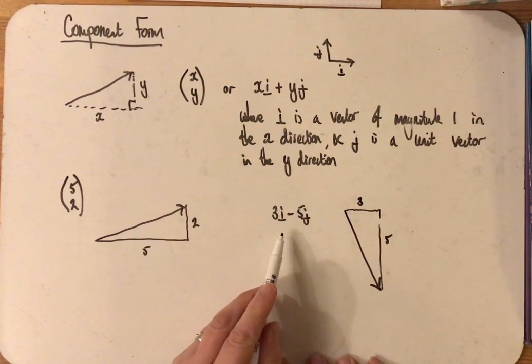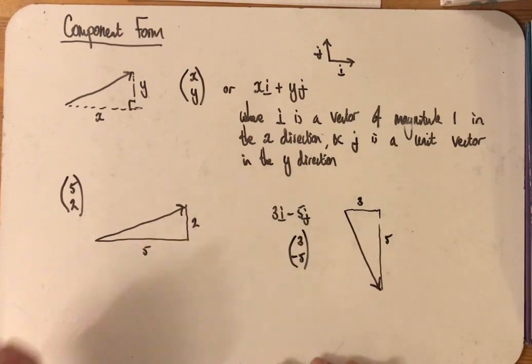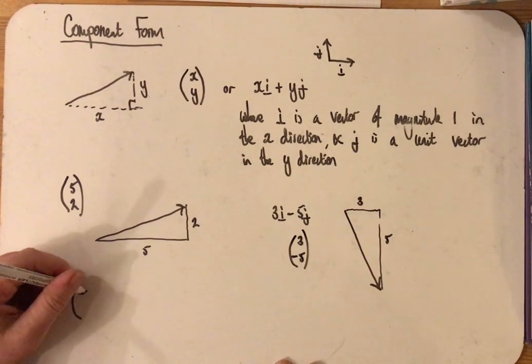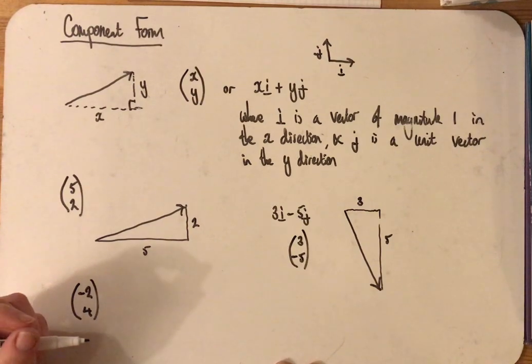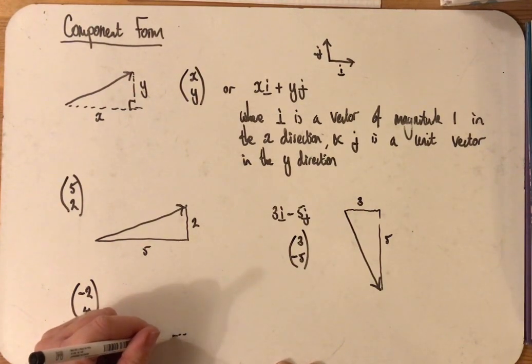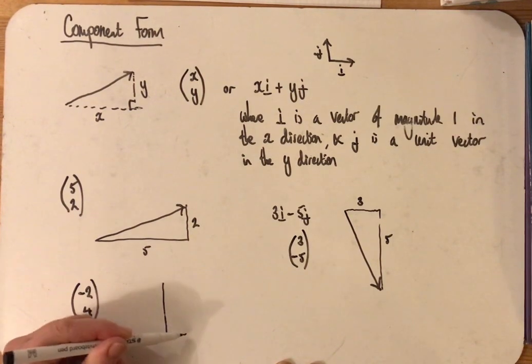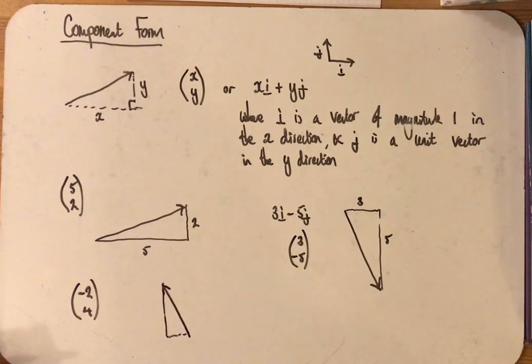This is the same as 3, minus 5, so it's just different notation for the same thing. Something like minus 2, 4, we're going back 2 and up 4, and we've got this vector here. That's the same as minus 2i plus 4j.